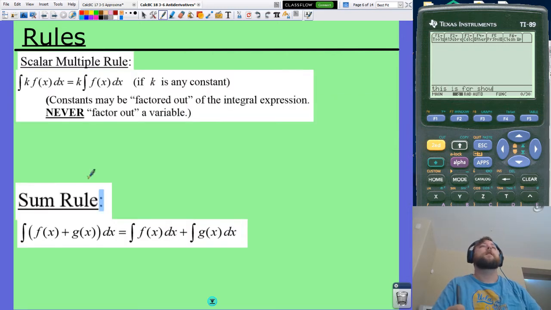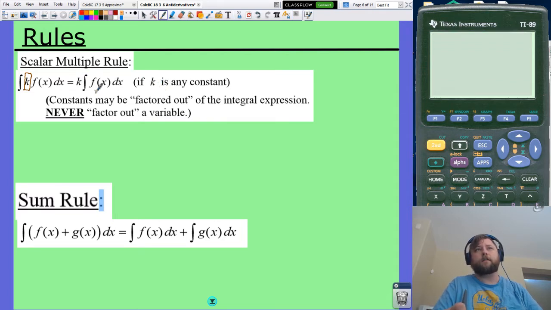Okay. Other rules. Scalar multiple rule. If you have a constant being multiplied by a function, when you integrate it, you can put that constant on the outside. Basically, you just multiply that by the integration of whatever you're doing. So you may factor out those constants, but never factor out a variable. Shame on you. So let's say I do the integral of 5x dx.